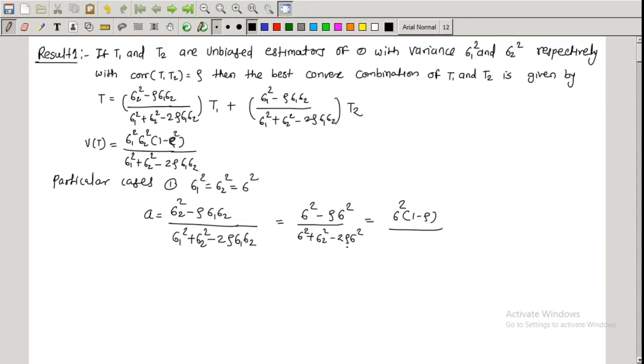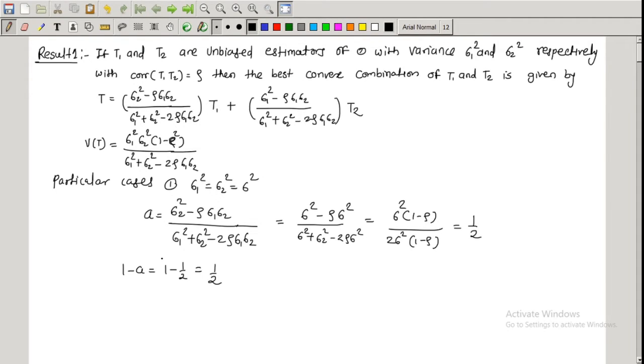In the denominator, sigma square plus sigma square is twice sigma square, so I can take twice sigma square common. What remains is 1 minus rho, and 1 minus rho and sigma square get cancelled. Your answer is 1 by 2. So the value of A is 1 by 2, and hence 1 minus A, that is 1 minus 1 by 2, is also 1 by 2.